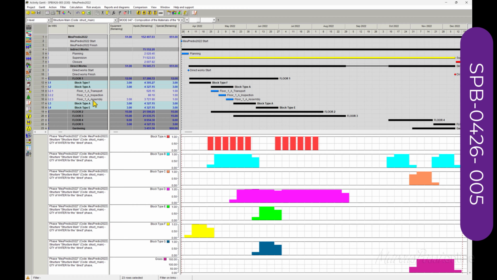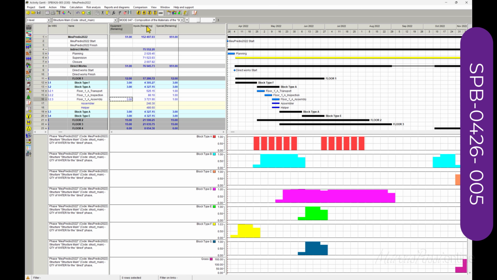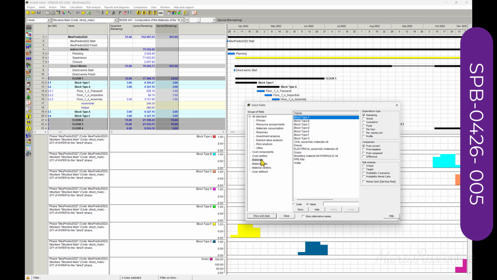There are two: assembly, equipments, inputs, remainings, special remainings, materials center, inputs, equipments, special one, inputs, okay, special ones, here.